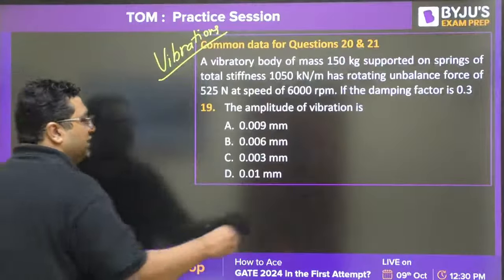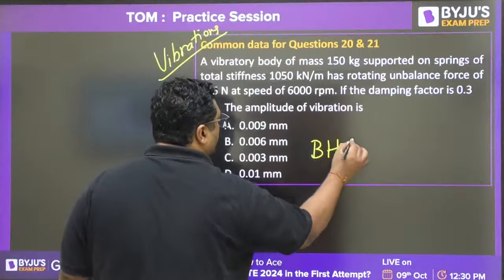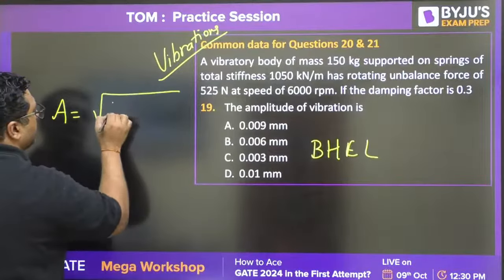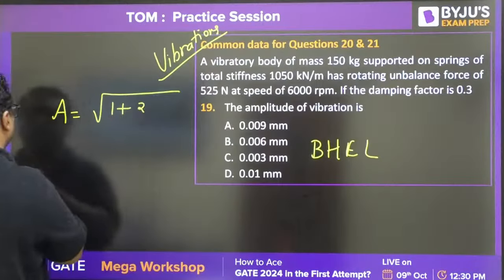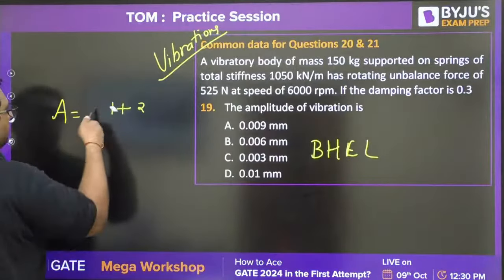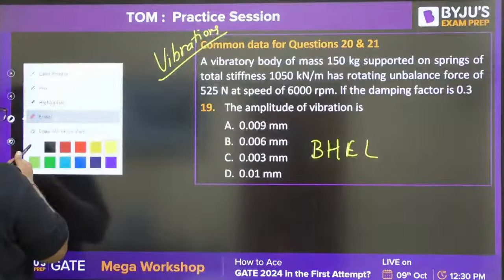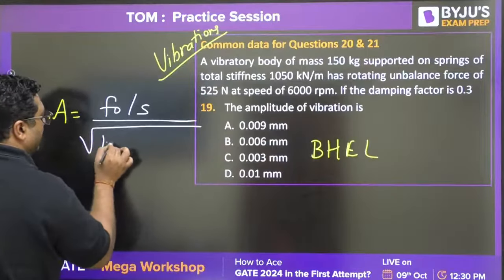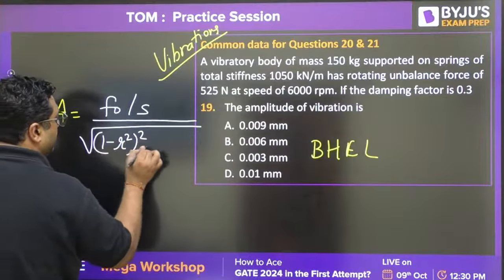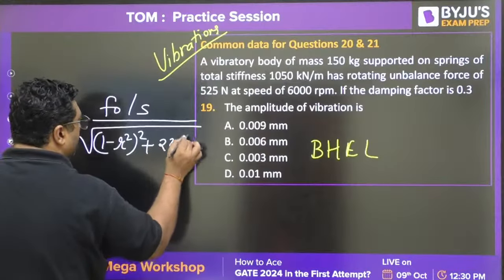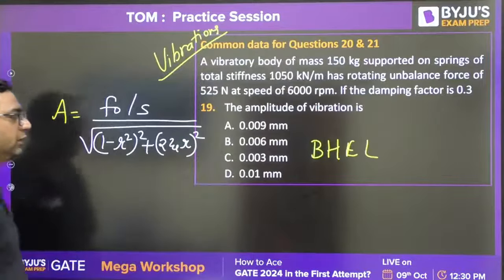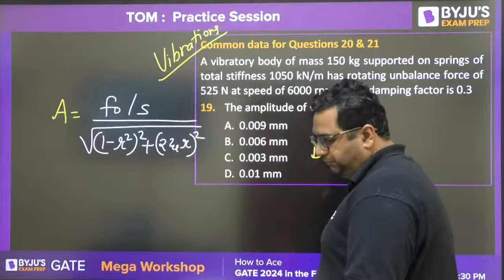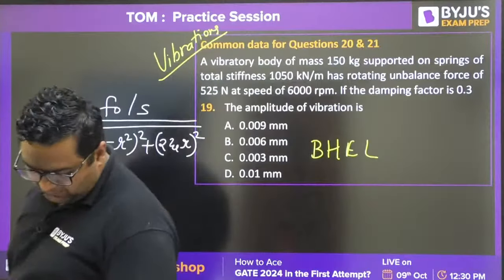So you need to find out the amplitude of vibration, which is given as F naught by S, 1 minus r square whole square plus 2 zeta r whole square. Solve it and get the answer, guys.